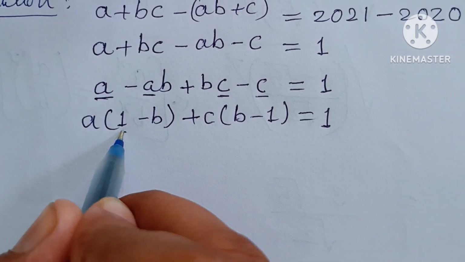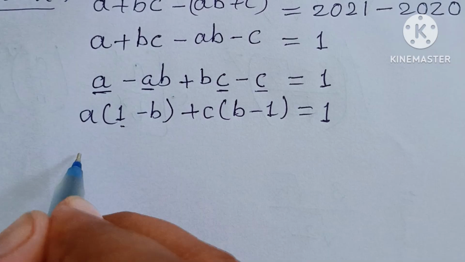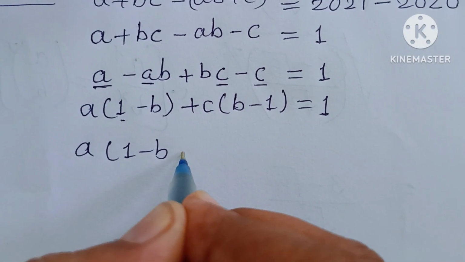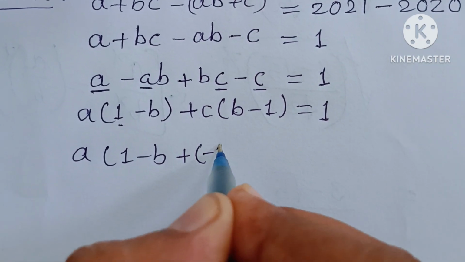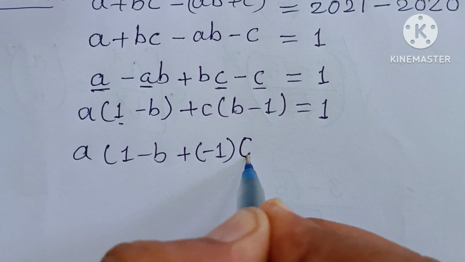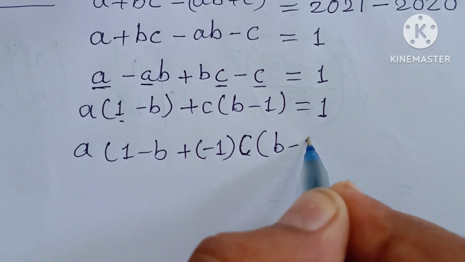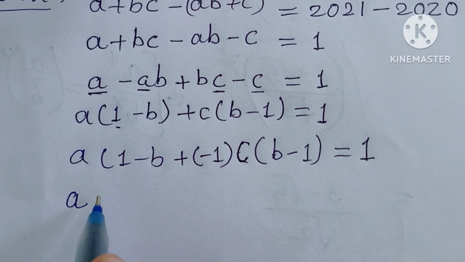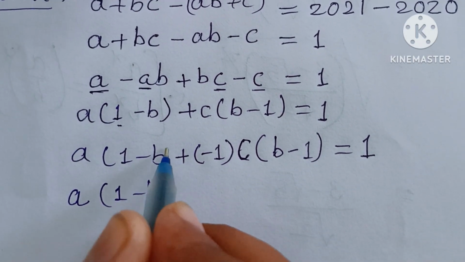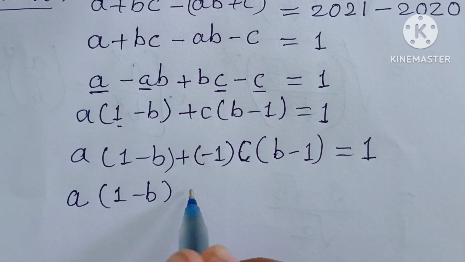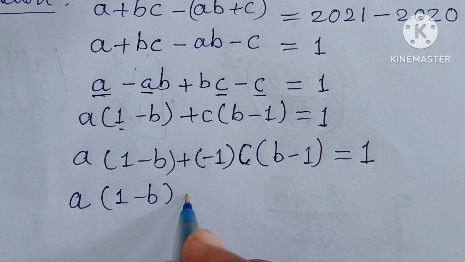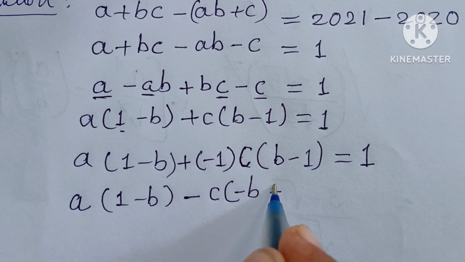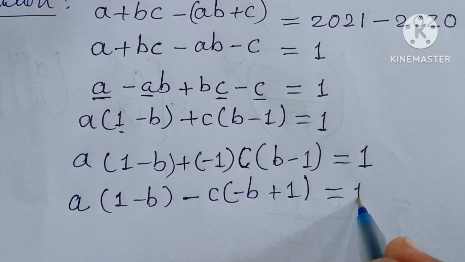Now here 1 minus B and here B minus 1. So here what we will do, A in bracket 1 minus B, here we write plus minus 1 into C, minus 1 into C into B minus 1 equal to 1. Here we write then A 1 minus B, minus C, here in bracket we write minus B plus 1 equal to 1.